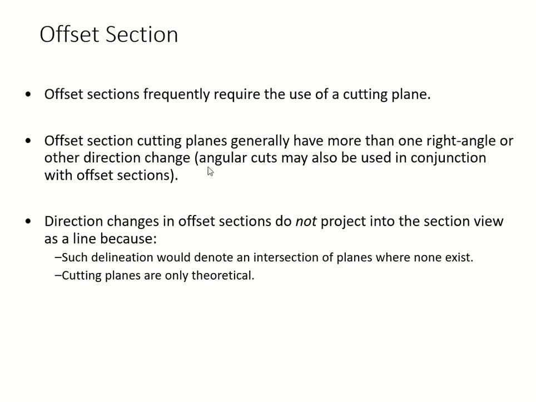We have direction changes, depending on the internal components of your object. And of course, you don't have to show any of your direction changes because direction changes are not the real part. They're just a theoretical cutting plane that we are cutting, changing direction, so you can see the internal components of your model.